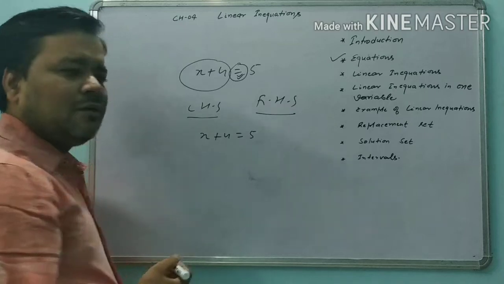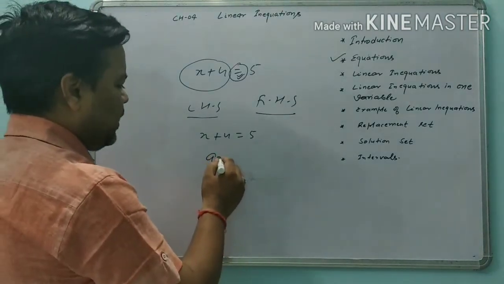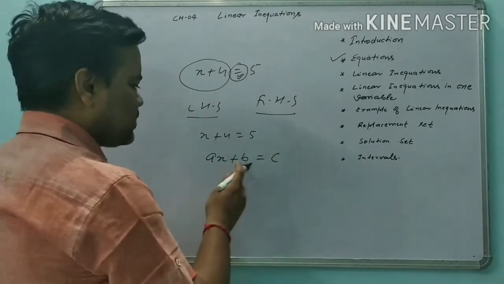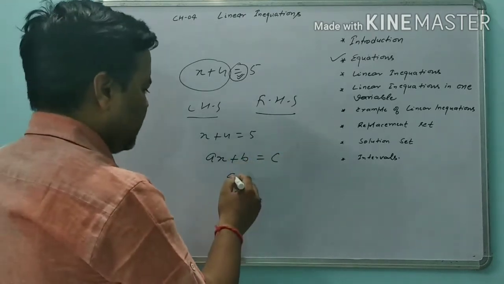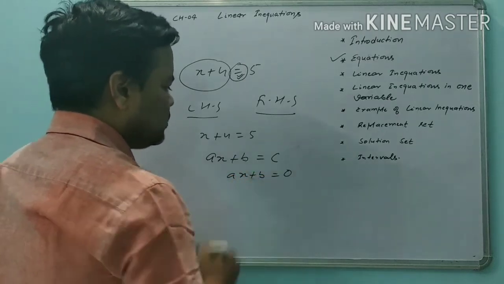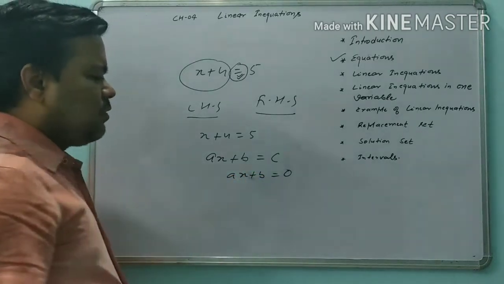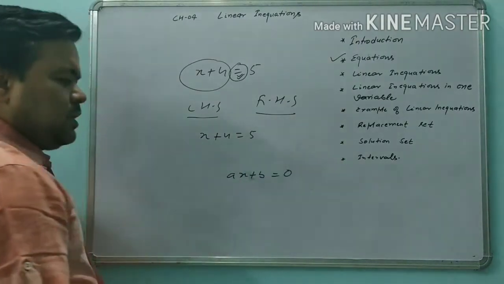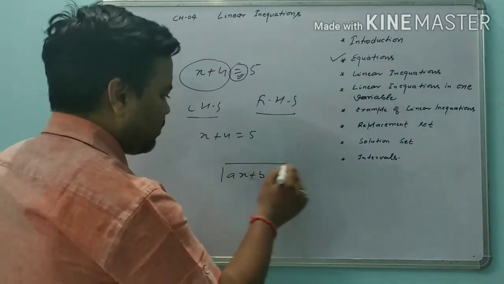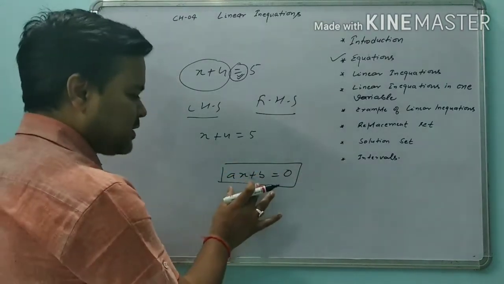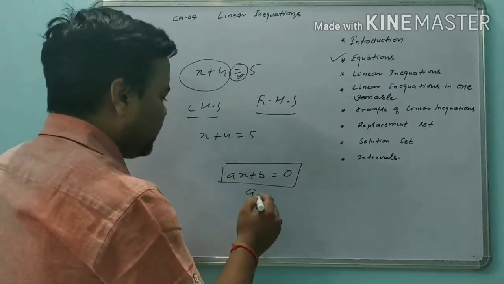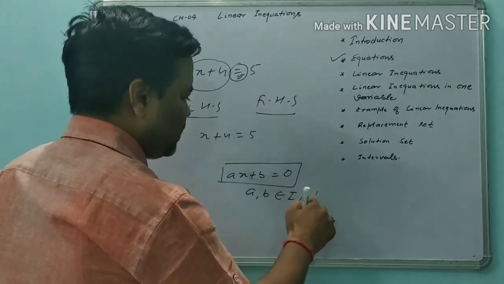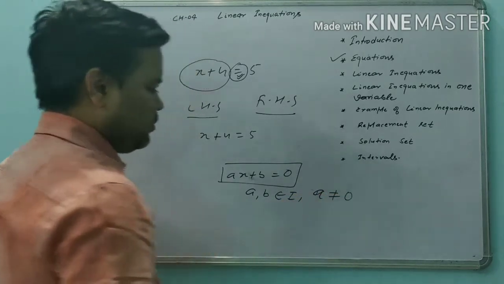But the standard form of the linear equation is ax plus b is equal to c, or sometimes we write ax plus b is equal to 0. This is the standard form of the linear equation, where a and b belong to integers, but the value of a is not equal to 0.